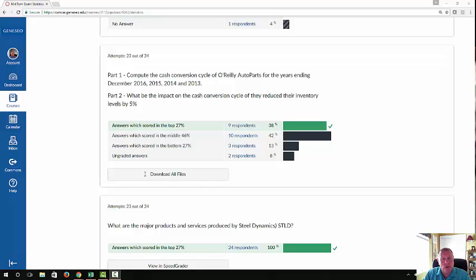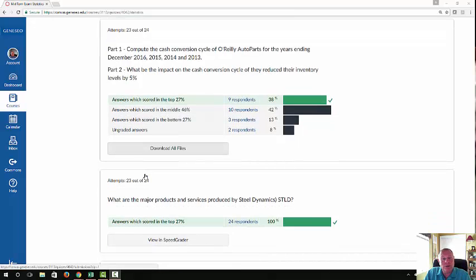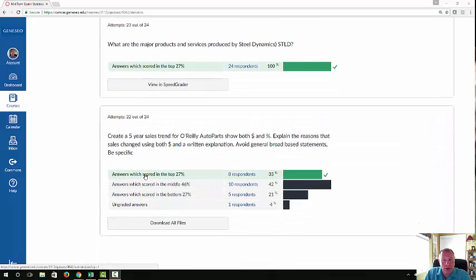Sometimes you've got to look at these and say what is really going on. In some cases you didn't necessarily address what happened when it was 5%. So most people got partial credit on that. But if you didn't put your full work in, it's hard to see where your error was and give you credit.